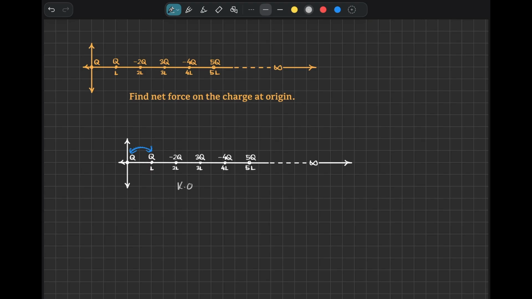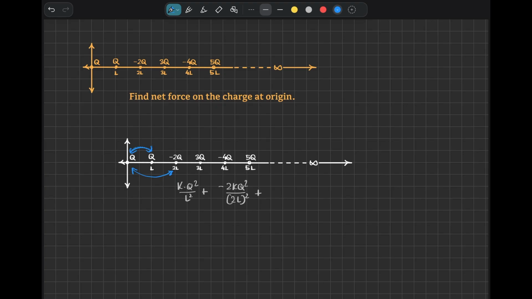The force is k q square by l square plus, now it is about the next arrangement. Now q and 2q, because they are asking for the force on the origin charge, right? So the origin charge and the next charge, these two forces we can write as minus 2kq square by 2l whole square, again plus.